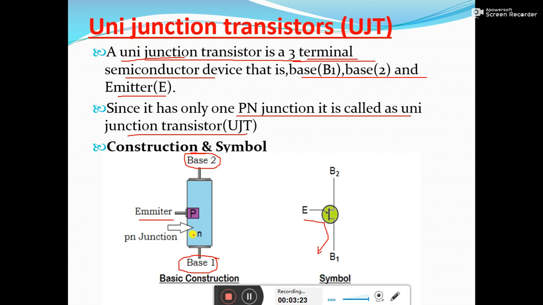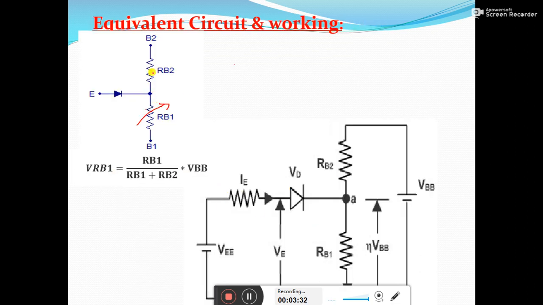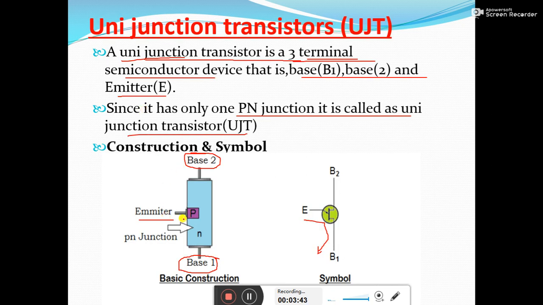Once you see the construction diagram, if you represent this construction with an equivalent circuit, then it is represented like this. This is the base 2 terminal and this is the base 1, and the emitter is of P type. This is like a diode, because this is a P type material and this is N type material.